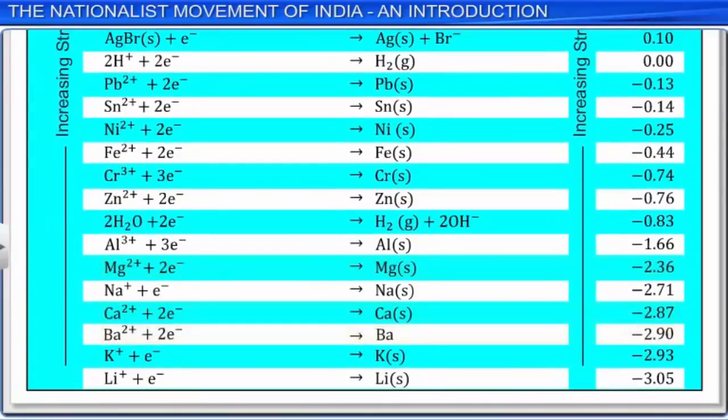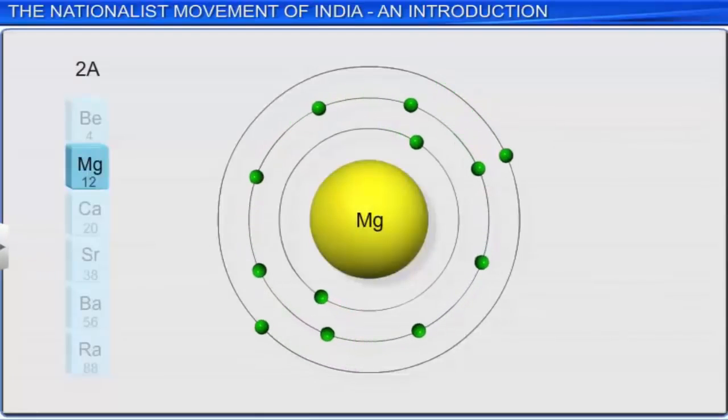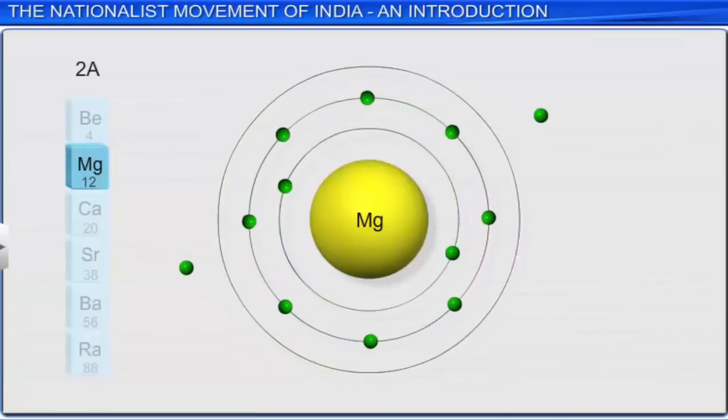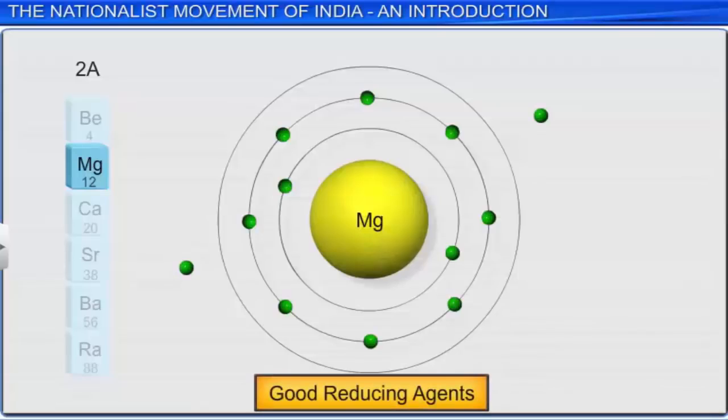As a family, the alkaline earth metals have large negative reduction potentials. This feature reflects the strong tendency of the metals to lose electrons, otherwise known as oxidation. Since oxidation cannot occur without reduction, they can be considered good reducing agents.